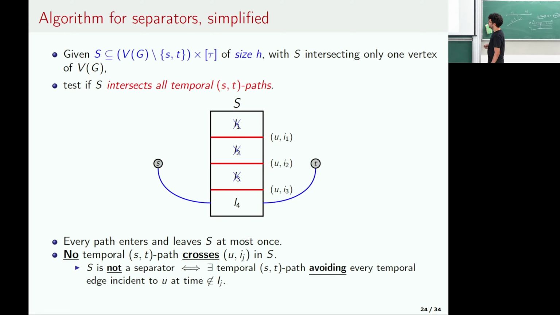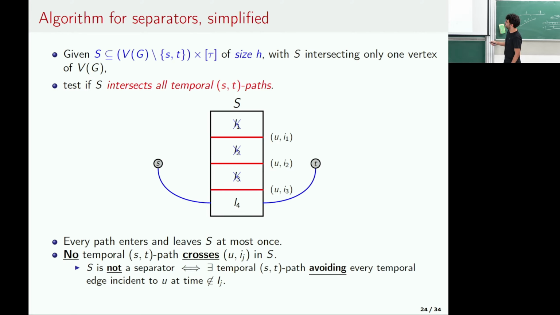But then what this gives me is a characterization of whether S is not a separator. What we prove is that S is not a separator if and only if there is a temporal ST path avoiding every temporal edge incident to U at a time that is not in some interval.